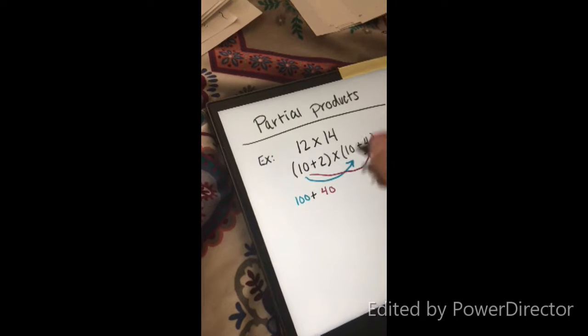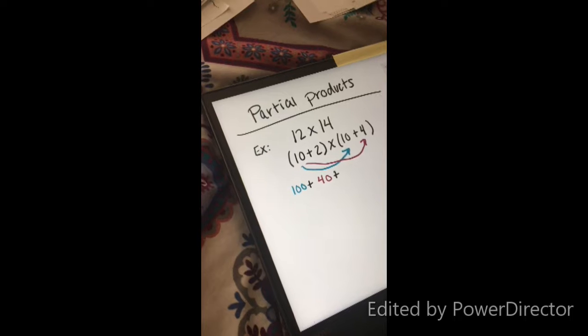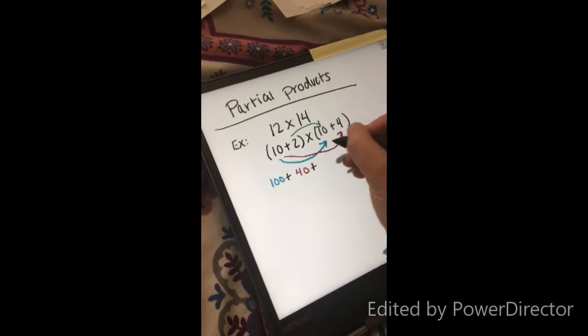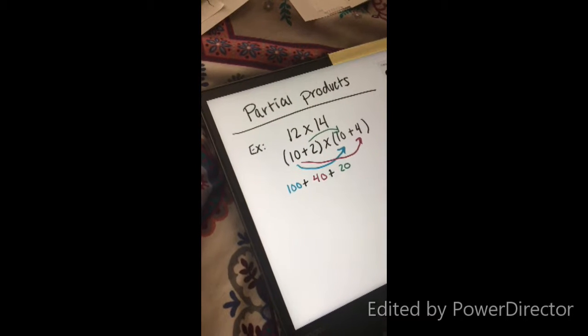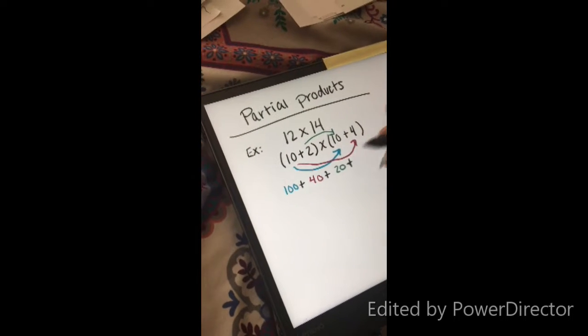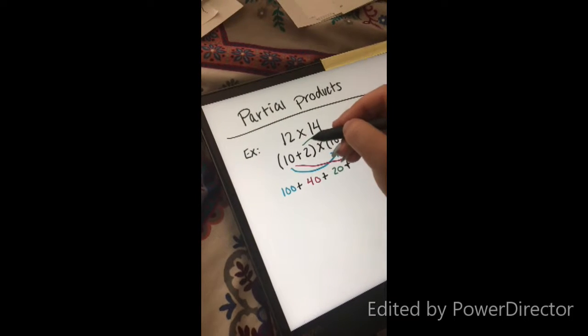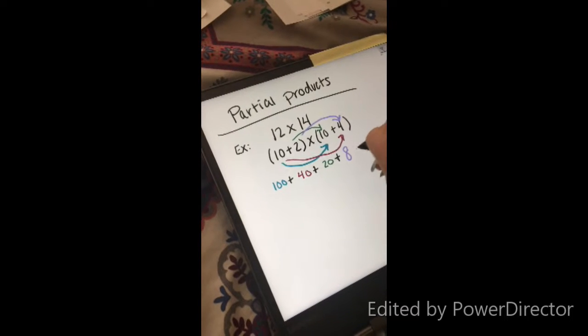Then you take 2 and you multiply that by 10 and you get 20. And then finally, you guessed it, we're going to take the 2 and the 4 and multiply those together. We're going to get 8.